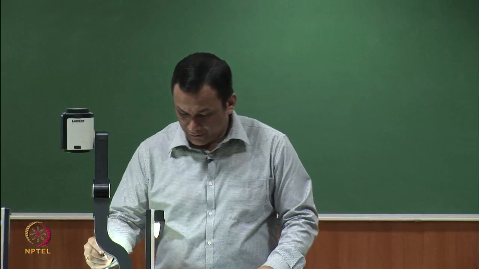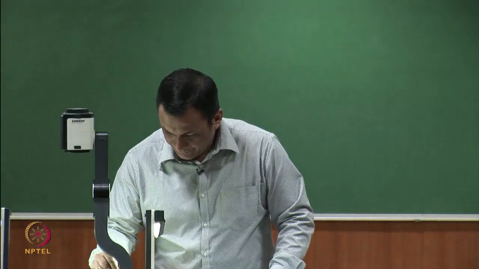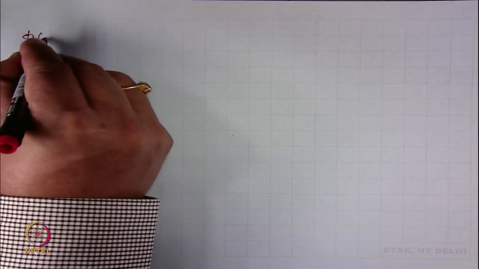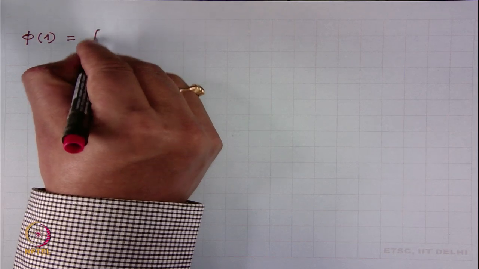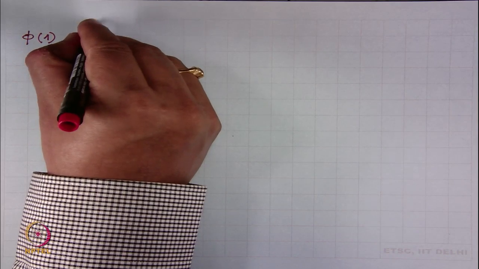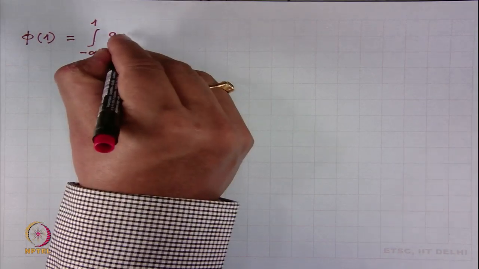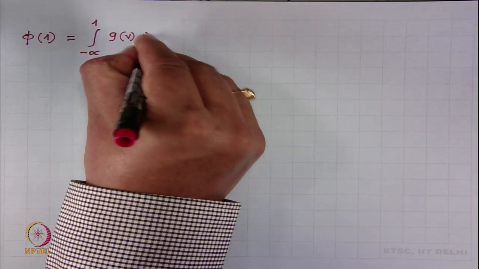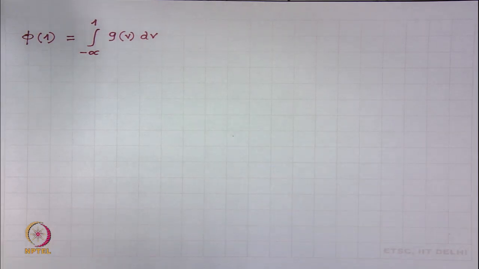We have to find out this distribution function, right. So, minus infinity to 1 G V dV, right.